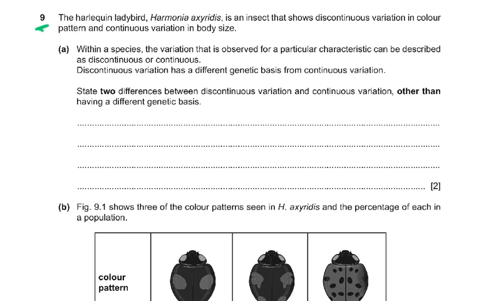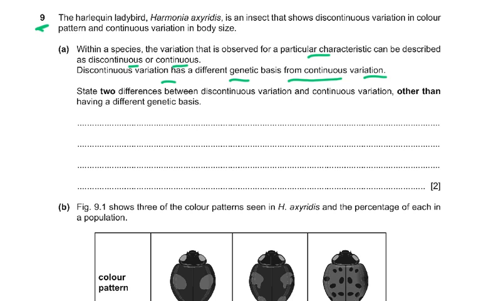Within a species, the variation that is observed for a particular characteristic can be described as discontinuous or continuous. Discontinuous variation has a different genetic basis from continuous variation. State 2 differences between discontinuous variation and continuous variation other than having a different genetic basis. So discontinuous has many phenotypes, or you can say distinct categories.